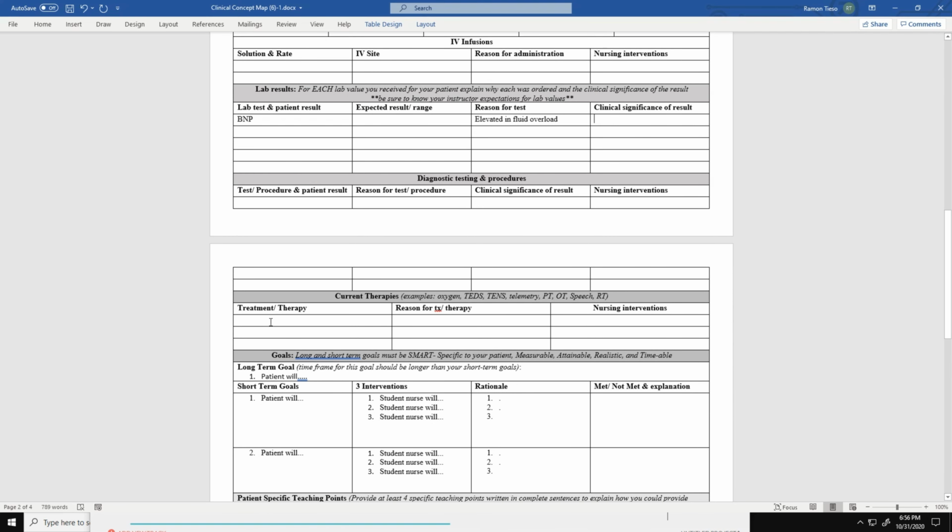Treatments, therapies. Let's go ahead here and put oxygen. Reason for the treatment, the patient had a low SaO2, right? Low oxygen saturation.